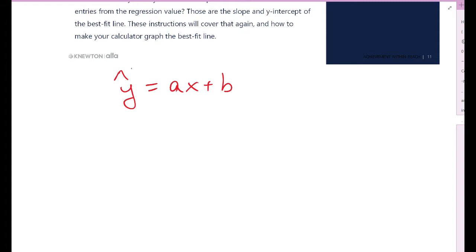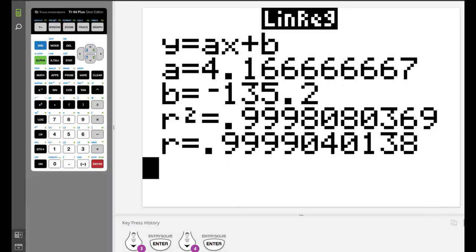So if you want to predict a new Y, it's a Y hat, you could plug in an X. Anyways, the calculator tells us what the slope and the Y-intercept are of our best fit line, and it does it in the same screen as the R. So what we can see from there is that our best fit line will have a slope, an A, of 4.1667. Let's go 4 decimal places. And the B is a negative 135.2.